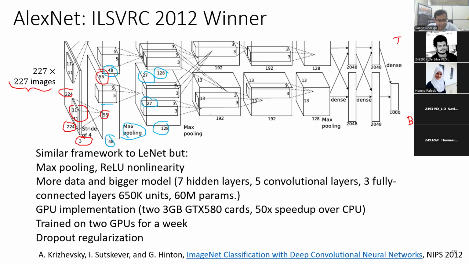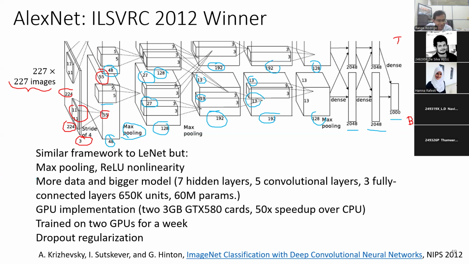And then another max pooling layer to downsample to 13 by 13, 192 in the top one, 192 in the bottom one. Then again, 3 by 3 convolutions to generate 13 by 13, the size remains, so they must have done padding, and 192 of them. Then again, 3 by 3 convolution, 128 of them. Then densely connected to 2048, densely connected to 2048, densely connected to 1000.